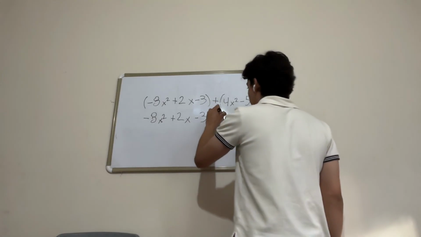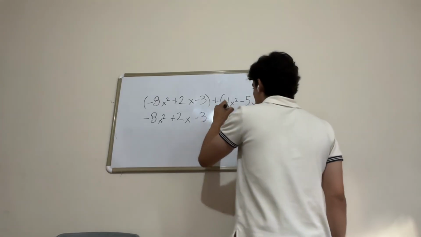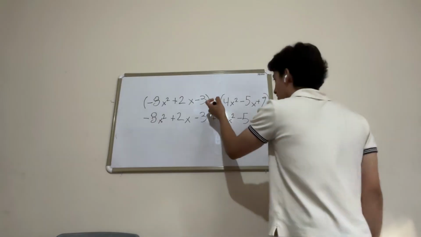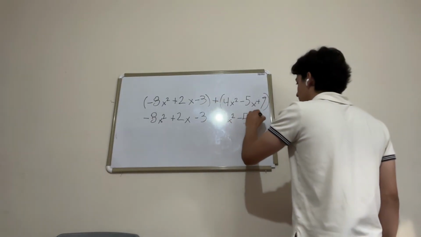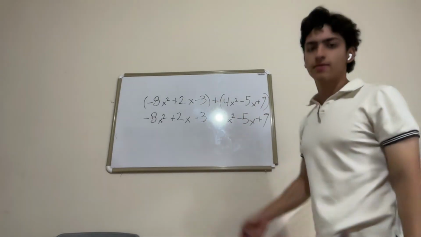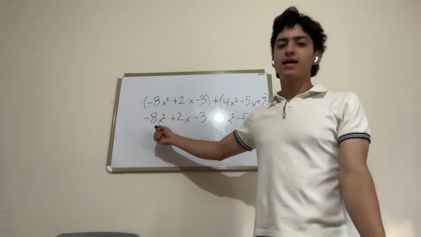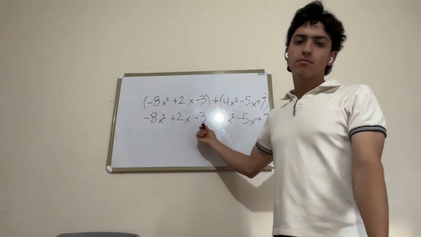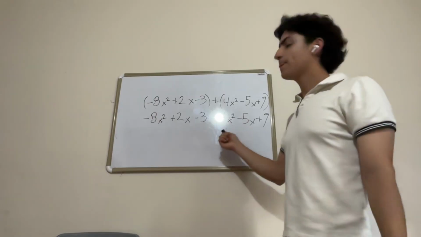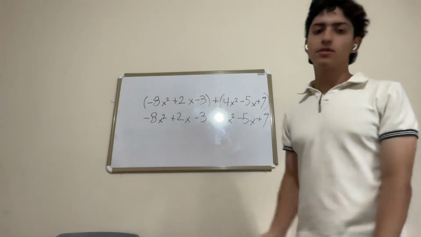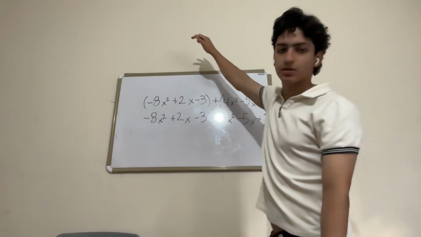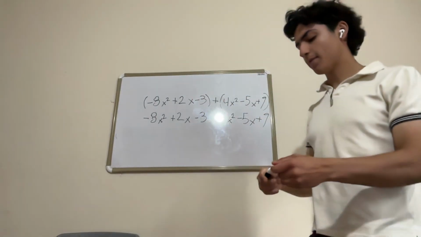So we're gonna write plus 4x squared, then plus times minus is minus 5x, and then plus times plus 7. So there you go. The final answer is gonna be minus 8x squared plus 2x minus 3 plus 4x squared minus 5x plus 7. Okay? You cannot see it because of the light here, but that's what we got.